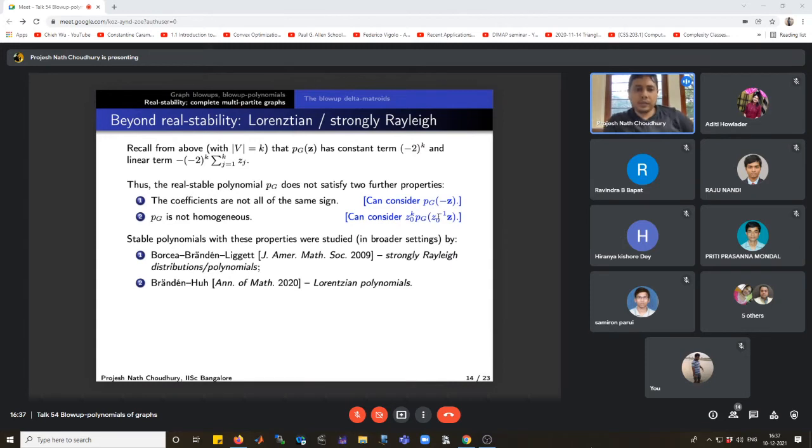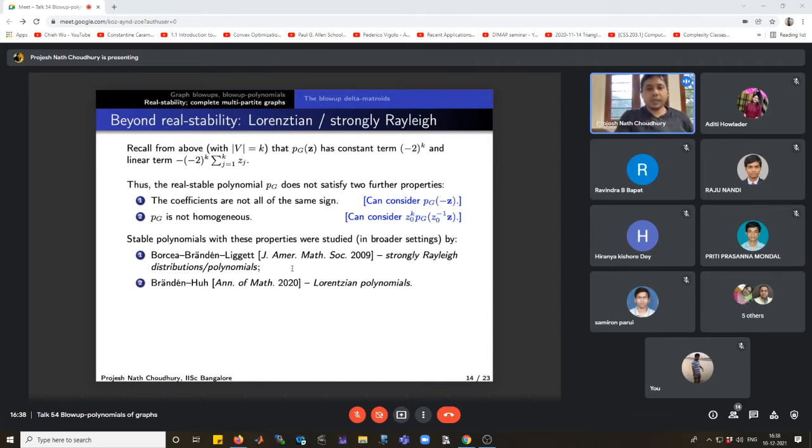The answer is that real stable polynomials with these additional properties were studied in even broader settings by Borcea, Brändén, and Liggett, and they call them strongly Rayleigh polynomials, where all the coefficients are of the same sign.